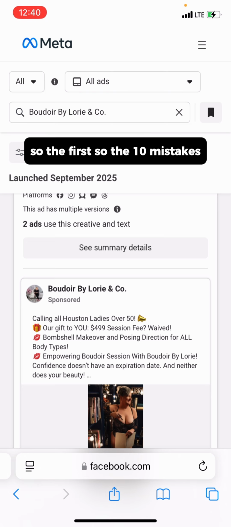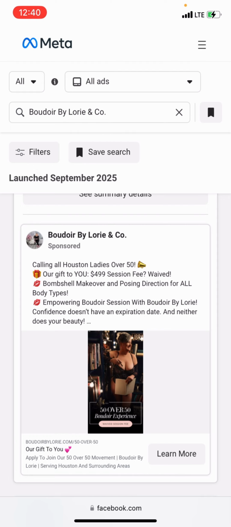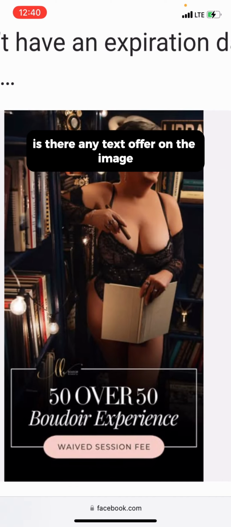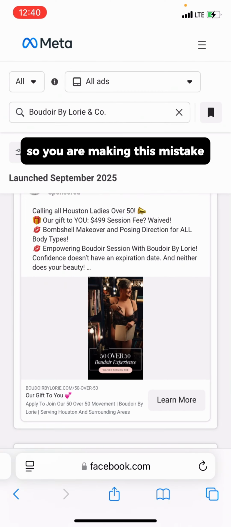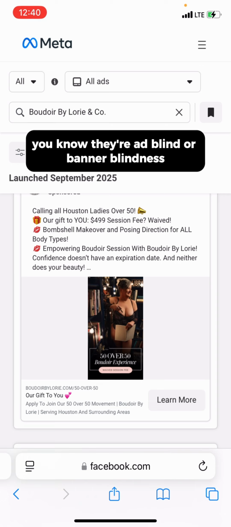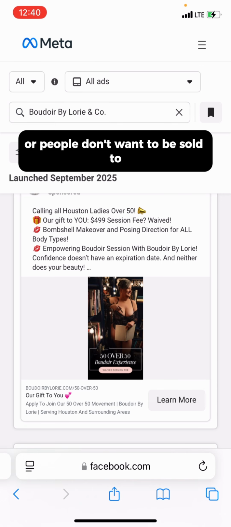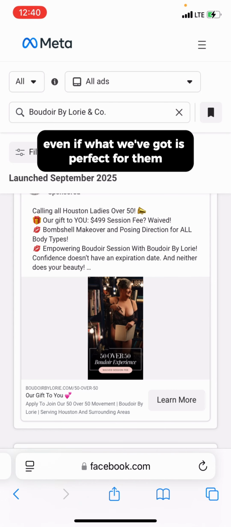The first of the 10 mistakes to look at is: does it look like an ad? For that, I look at whether there is any text offer on the image, on the creative. Yes, so you are making this mistake. This is a mistake because people have ad blindness or banner blindness, or they don't want to be sold to, so they're just going to scroll by fast, even if what we've got is perfect for them.